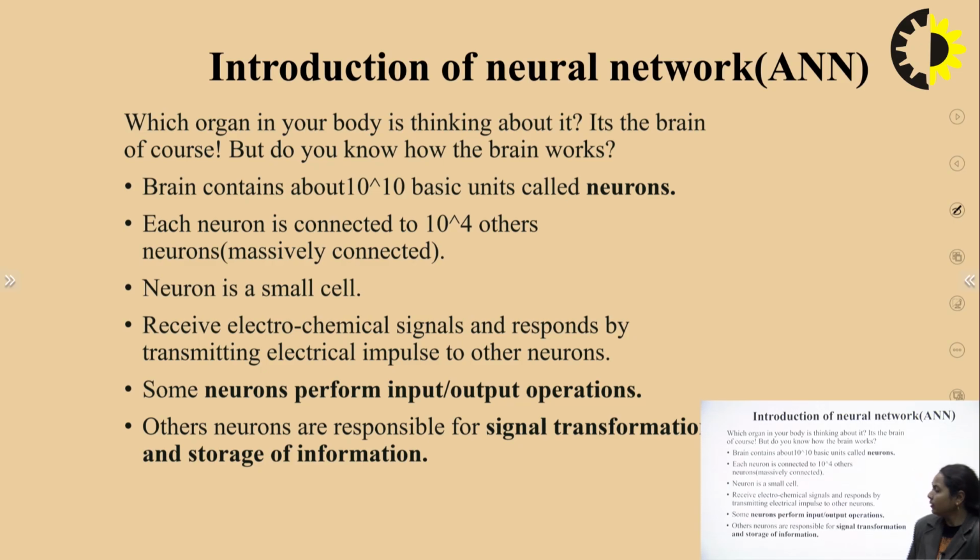These neurons are responsible for performing the various operations which we perform as humans. All these things which we perform as humans are basically controlled by the brain. We say that a human performs any kind of operation due to the presence of the brain. He thinks from his brain.